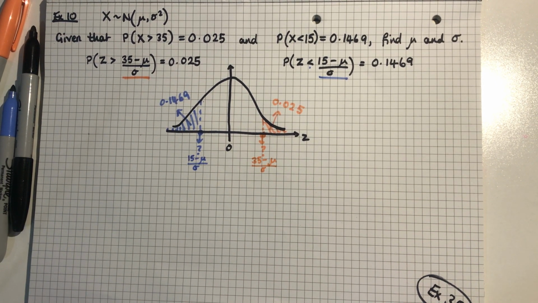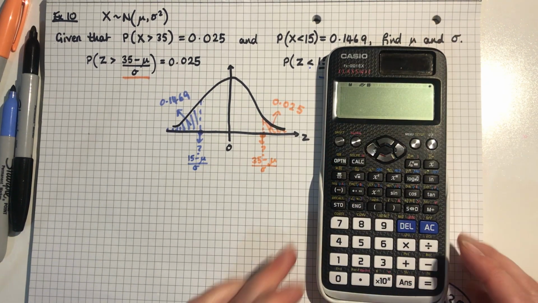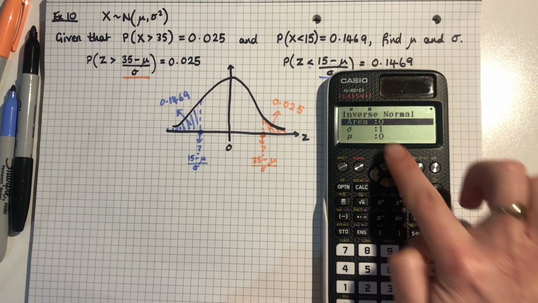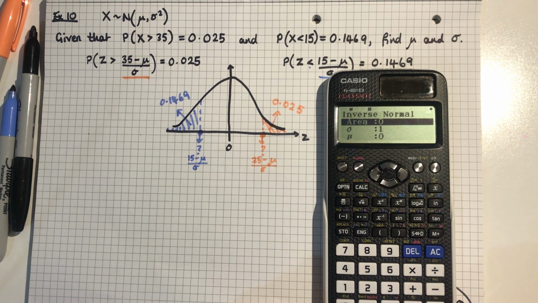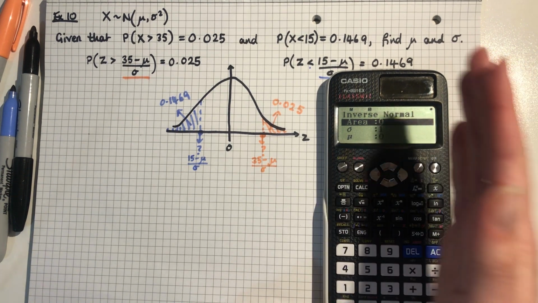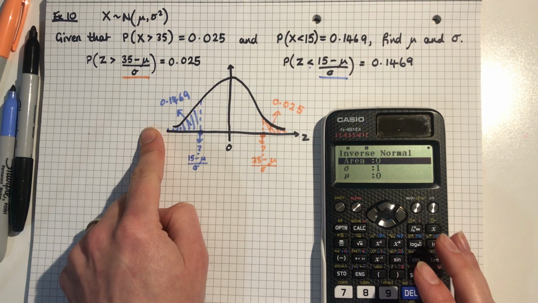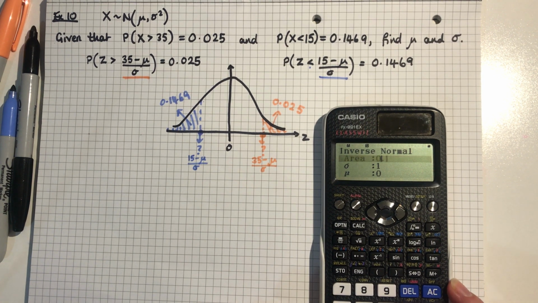So let's go to our inverse normal on here and start to work with these. I'm going to keep it with the standard normal distribution, so I'm leaving the 1 and 0. But first, we always need the area to the left, so let's deal with this side first, because that's already given me the area to the left. So I'm going to put in there 0.1469.